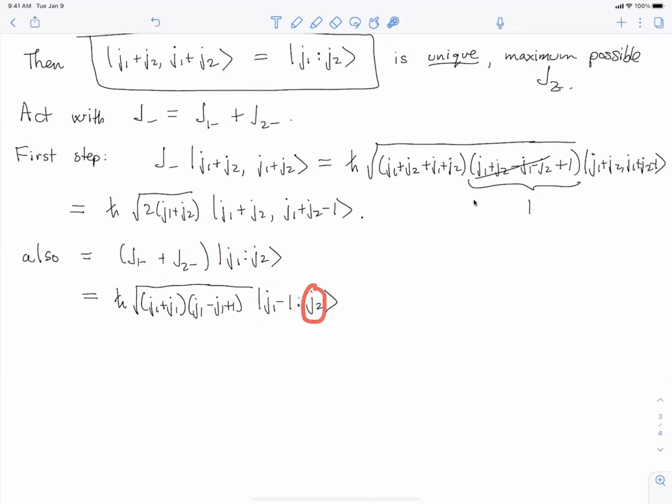On your homework, there's a similar situation where you're dealing with a spin 1 or a spin 2, and the spin 1 operator only acts on the first slot of the product basis, and the spin 2 only acts on the second slot. So it's the same idea here. And then the other term looks exactly the same, except with J1 replaced by J2 everywhere.